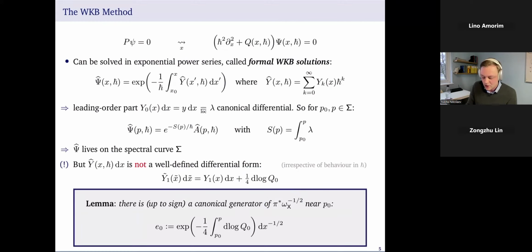Then if I look near this base point P naught that I have picked, there is a canonical generator, up to sign, pretty much everything is up to sign. There is a canonical generator of this anti-spin bundle near P naught, and it's literally just given by this equation. To prove this lemma is very simple. You just see how this quantity transforms under the change of coordinate, and you will see that it's invariant.